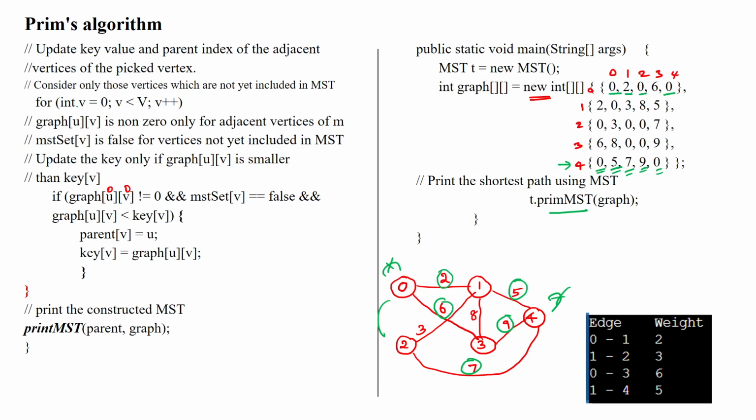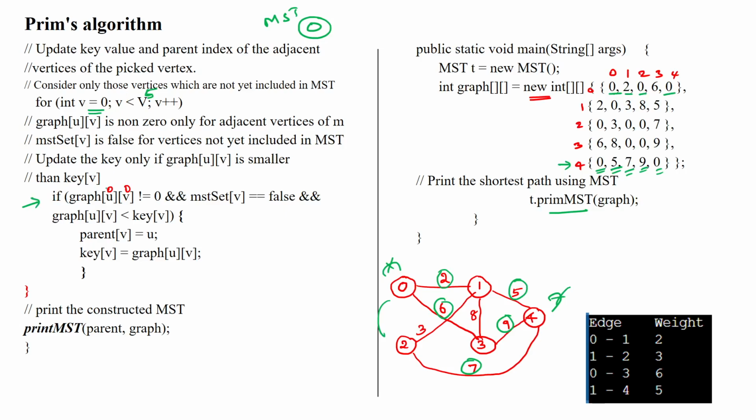Now after adding that 0 into the minimum spanning tree, we are going to connect all the vertices which are connected with the 0 as per the given input. So now we are passing 0 to 4. The number of vertices is 5, so we will pass until 4.